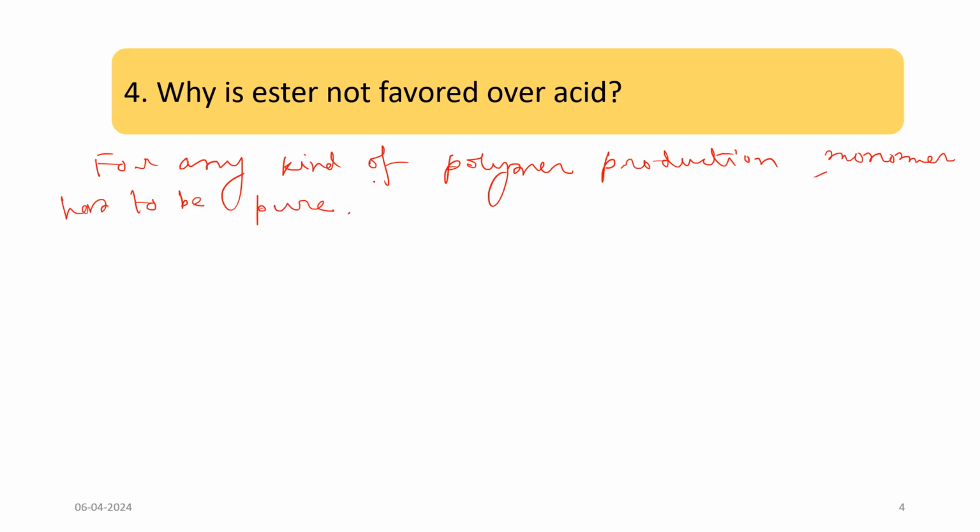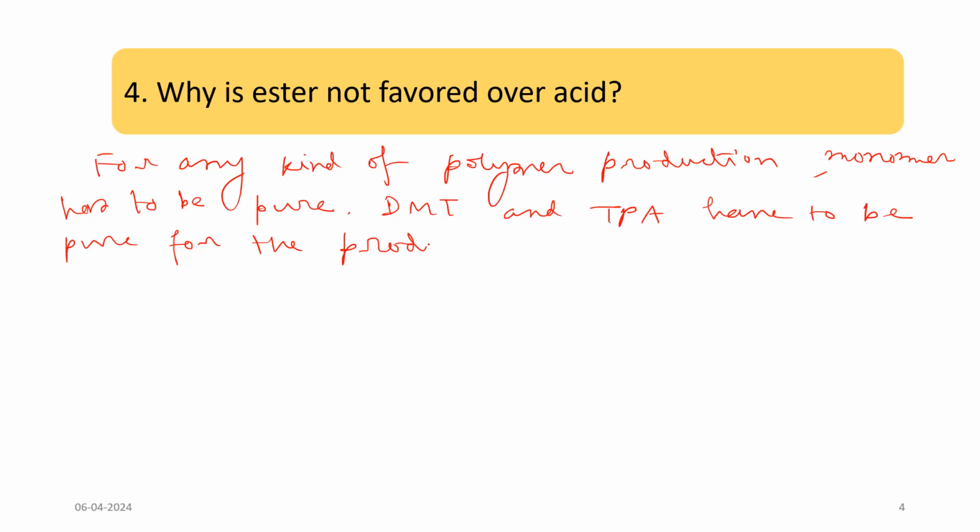Okay, that means in this PET production, the monomers are DMT and TPA, so DMT or TPA has to be pure for the production of PET, right?